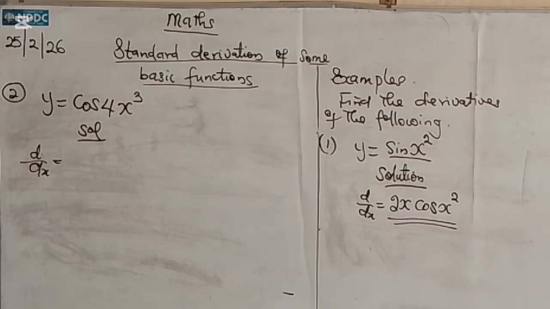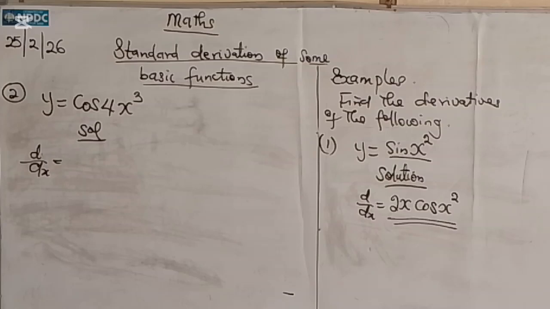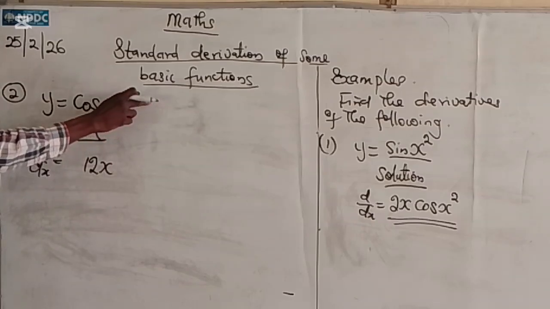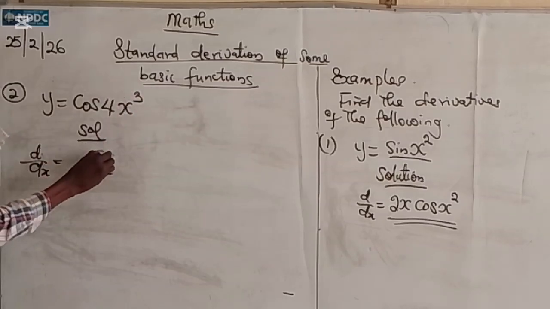What are we going to differentiate first? 4x raised to the power 3. The power we multiply by 4 gives us 12, so it's now 12x. Then we have 3 minus 1, which is 2. So it is raised to the power 2.